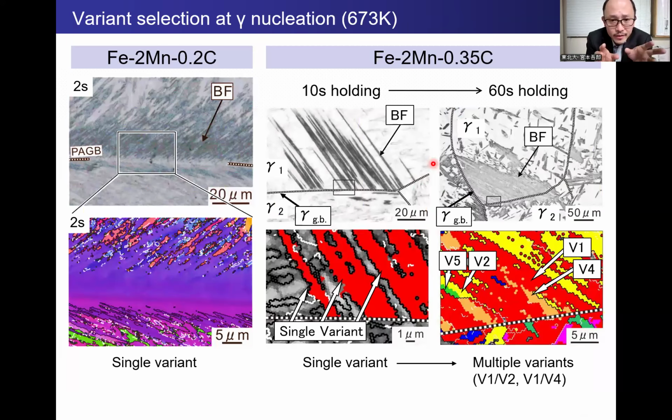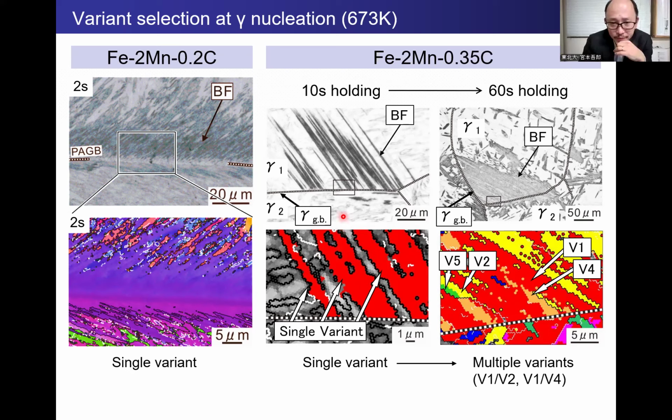So then we observe the microstructure in the early stage of transformation. In low carbon steel, strong variant selection is observed. A single variant is formed at this austenite grain boundary, and this austenite grain boundary is mostly occupied by a single variant, which forms the coarse grain boundary bainite.